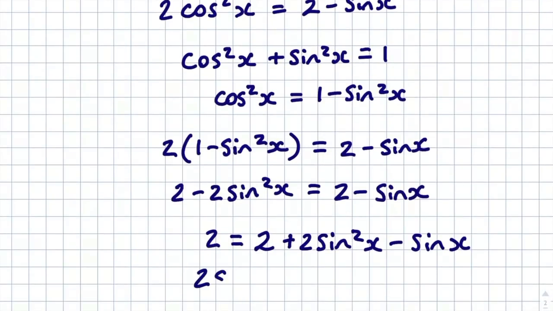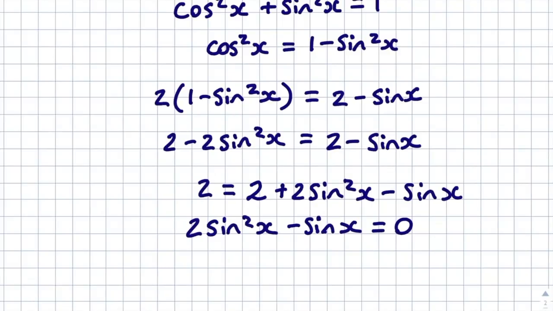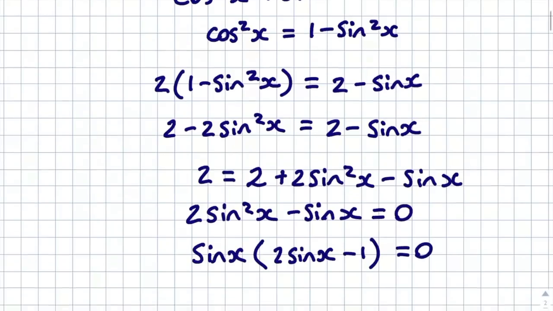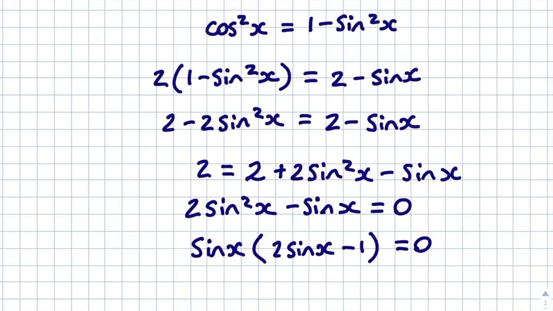So I'm going to get 2 sine squared x minus sine x equals 0. Now you should be able to see on the left hand side I've got a common factor of sine x, so I can factorise that out. So I get sine x all multiplied by 2 sine x minus 1 equals 0.